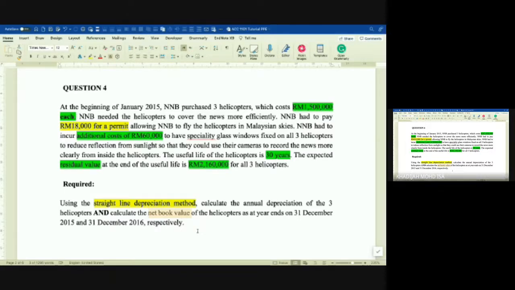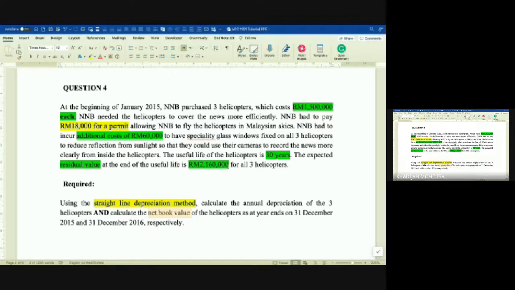Straight line method, we have 1.5 million times 3. And then the expected residual at the end of the life for the 3 helicopters is 2,160,000. So this is another reason why they put together everything, the 3 helicopters as one, because the residual value given is also for the 3 helicopters.